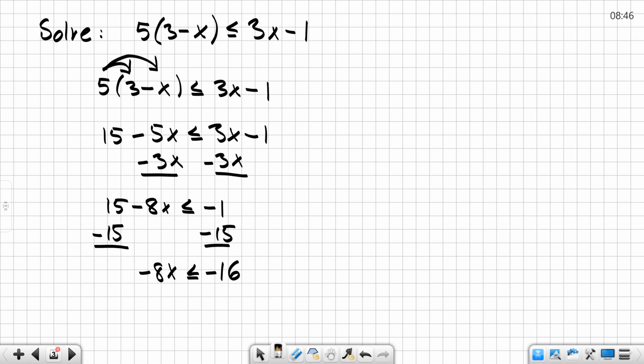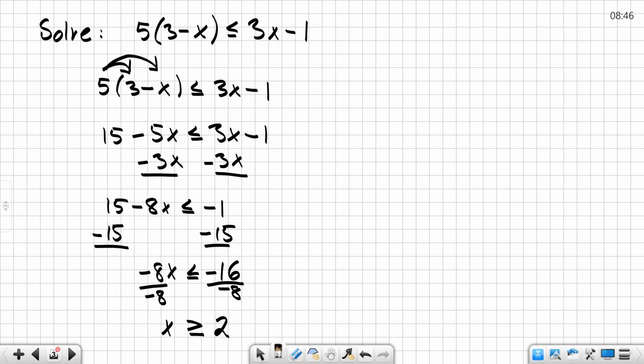All right, and now I solve for the variable. That means I'm going to have to divide by negative 8, and what happens is that this inequality is going to switch around. Negative 16 divided by negative 8 is positive 2.